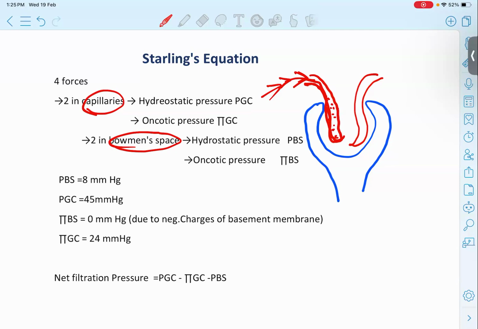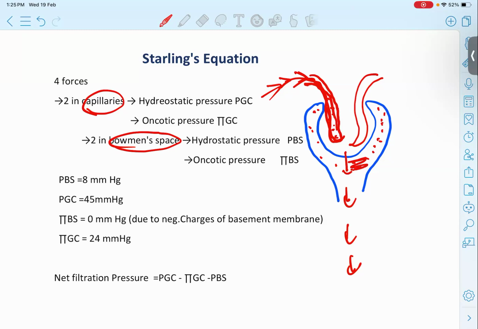And there are similar pressures in the Bowman's capsule as well, because blood is passing through this capillary and ultimately getting filtered here and passing here. So obviously there is some pressure exerted in Bowman's space as well.